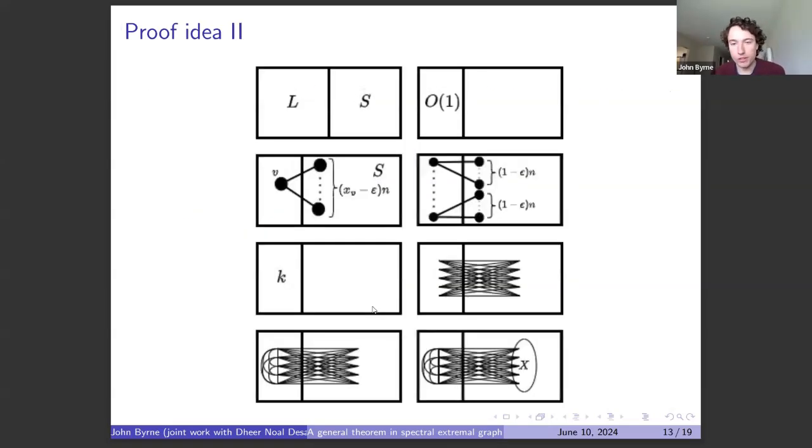I won't go into the details of the proof, but I'll give a very brief sketch using pictures. If we assume that we have some spectral extremal graph, the first step is to partition the vertices into vertices of large eigenweight and vertices of small eigenweight using some carefully chosen cutoff.